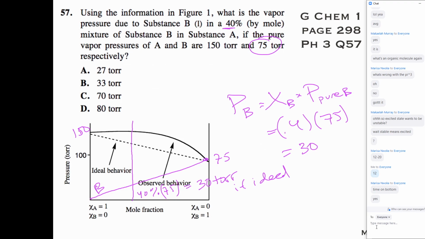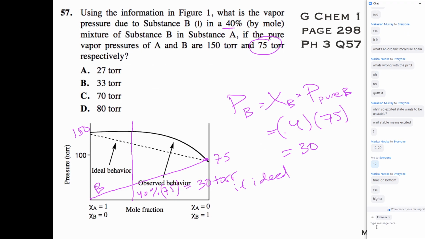Okay, 30 is not an answer choice. But what this graph tells me is that's the ideal situation, but what's actually being observed is the actual vapor pressure. Is it a little higher or a little lower than ideal? A little bit higher than ideal. So therefore, should it be a little bit higher than 30?